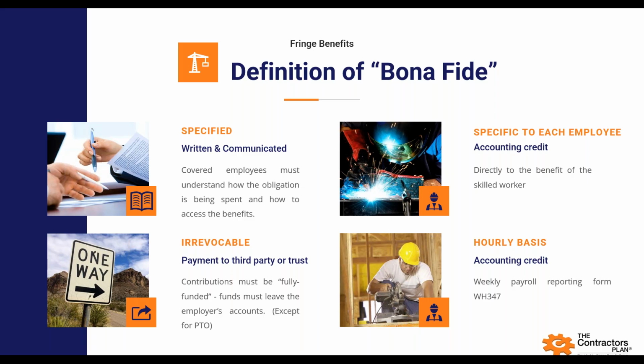So between Foundation Software or a firm like ours, those dollars must be accounted for down to the penny per hour and provide a benefit directly to the skilled worker. And so hourly, each employee, written and communicated, and irrevocable, meaning the funds have left that employer's operating account. Those are the key criteria.